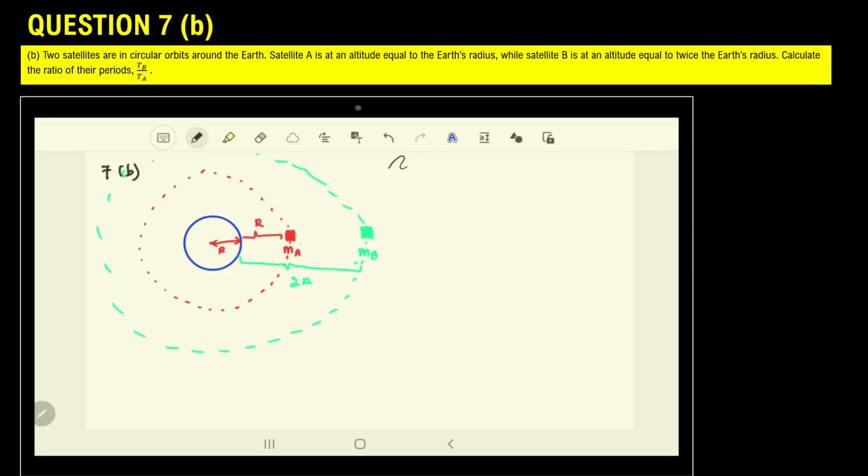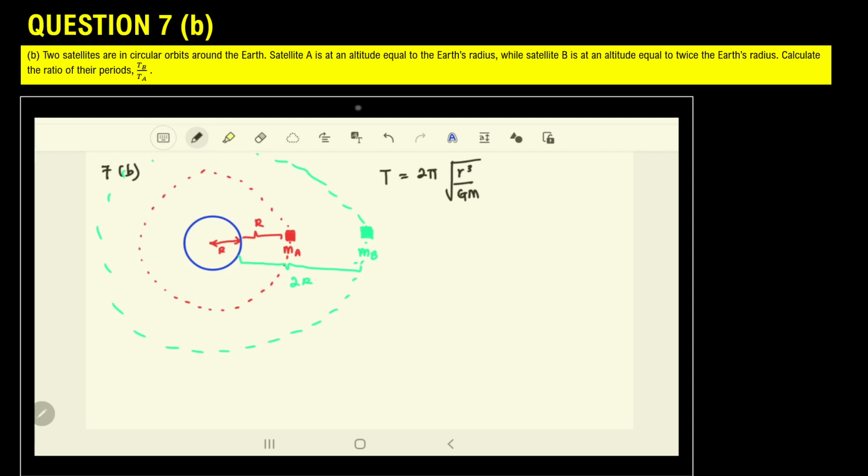As we know, the equation of the period for a satellite to move in one complete revolution is T equals 2 pi square root of r cubed over GM.